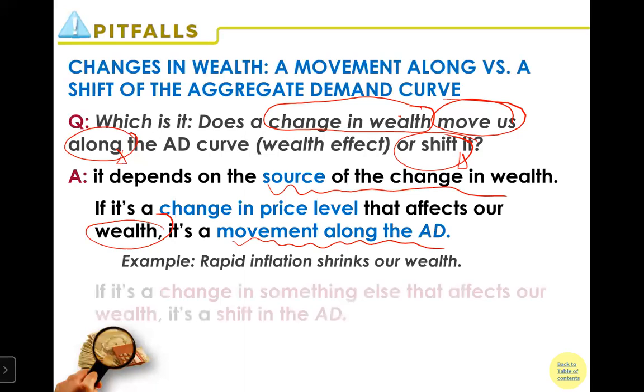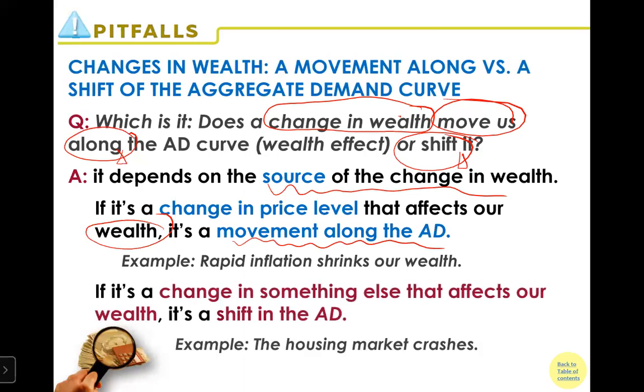On the other hand, if something else changes that affects our wealth, say, a housing market crash or housing market boom, that is going to shift the aggregate demand. Okay, so to summarize, whether a change in wealth will cause us to move along the aggregate demand curve or shift it largely depends on the source of the change in wealth.